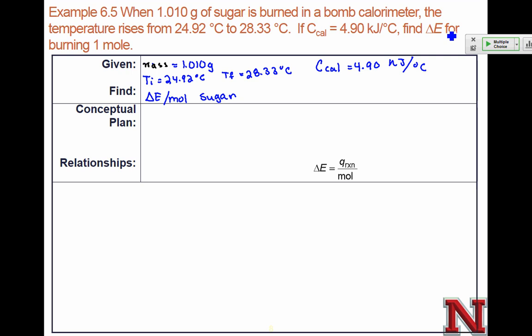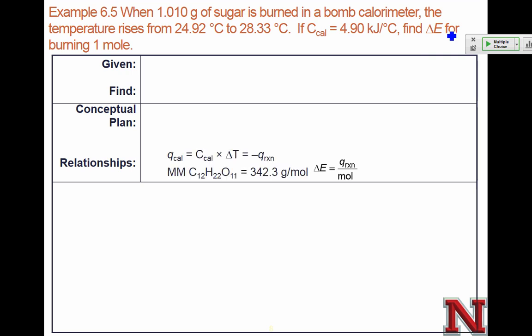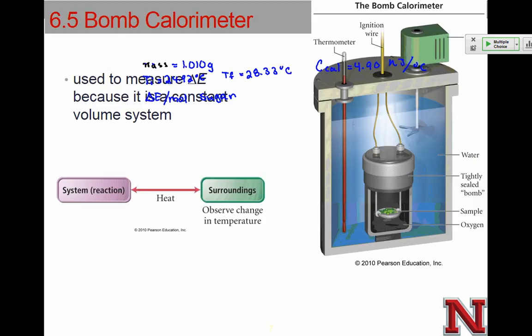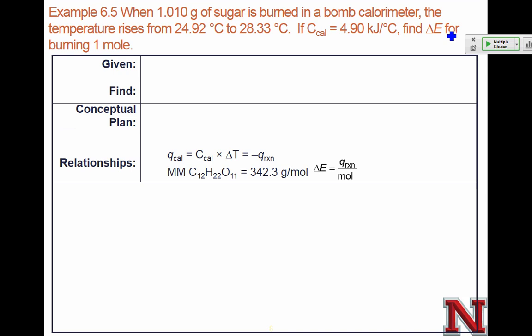So our conceptual plan: we have our Q-cal is equal to C-cal times our change in T. So we have our C-cal, we have our T initial and T final of our calorimeter, so we can figure out the heat that is being transferred into our calorimeter.